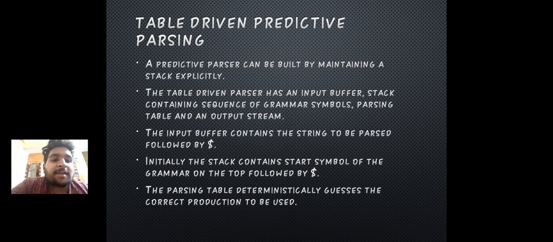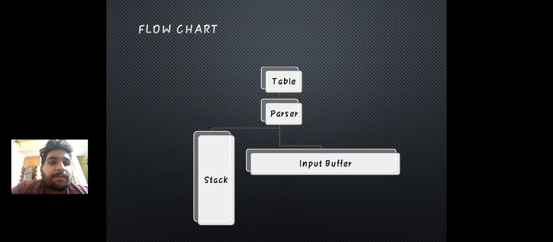The input buffer contains the string to be parsed followed by $. Initially, the stack contains the start symbol of the grammar on the top followed by $. The parsing table deterministically guesses the correct production to be used. And there is a flowchart. From the table it goes to the parser, which is divided into stack and input buffer.